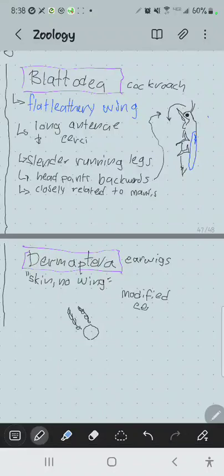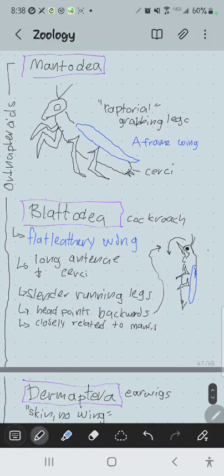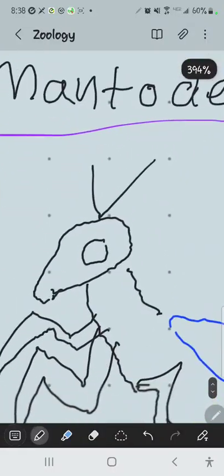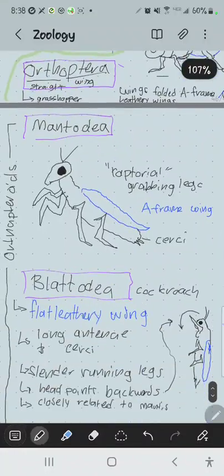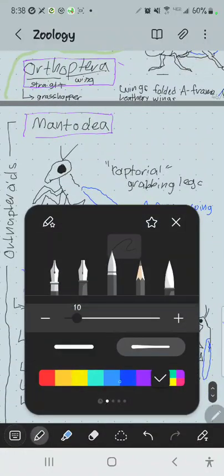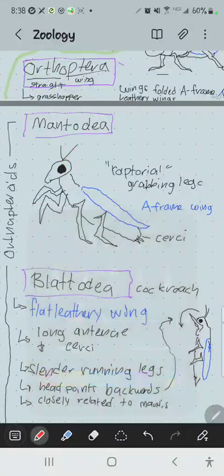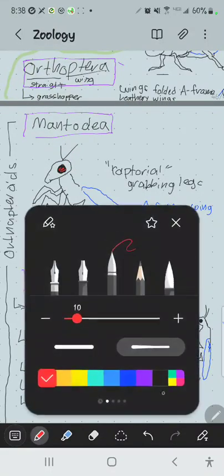Let me see here. I think that's pretty obvious. Let me go ahead and draw one. We have our thorax, we have our head, our antennae, we have our legs, our abdomen, and the wings are really short, so they're kind of like these short leathery pads on the back.